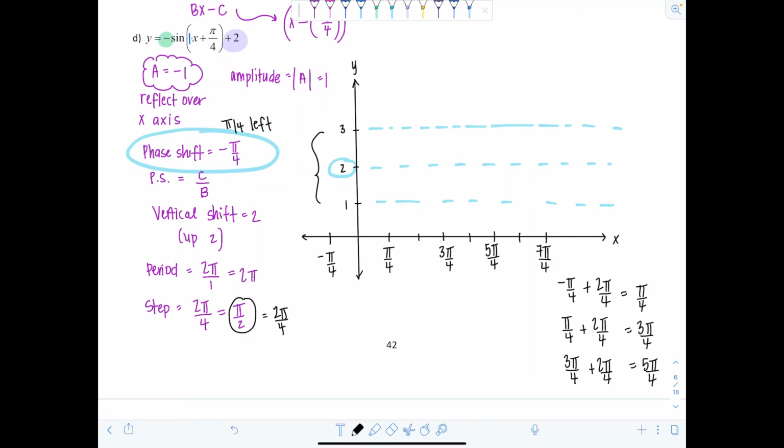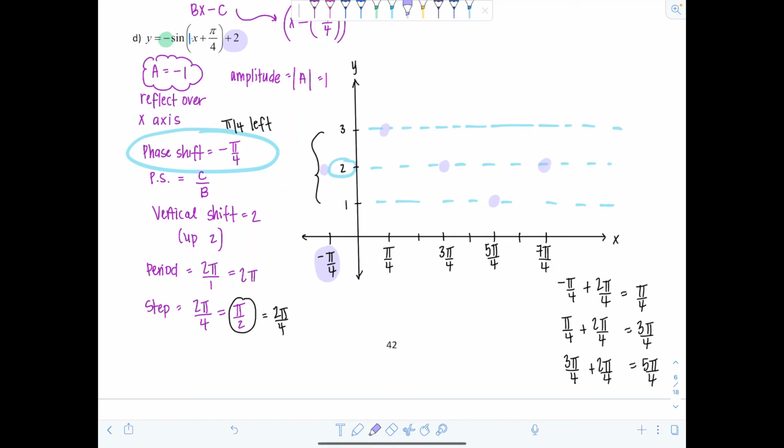Now we're going to deal with the reflection in just a second. I'm going to draw the original sine graph, and then we'll talk about reflecting it over the x-axis, okay? So if you were to draw sine, remember our first key point is here. Sine starts at 0. Then normally it would go up to 1, back to 0, down to -1, back to 0.